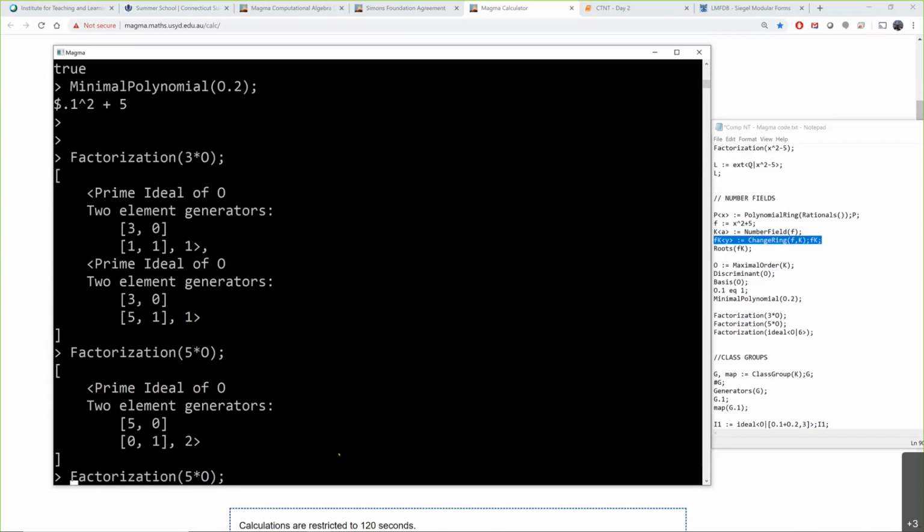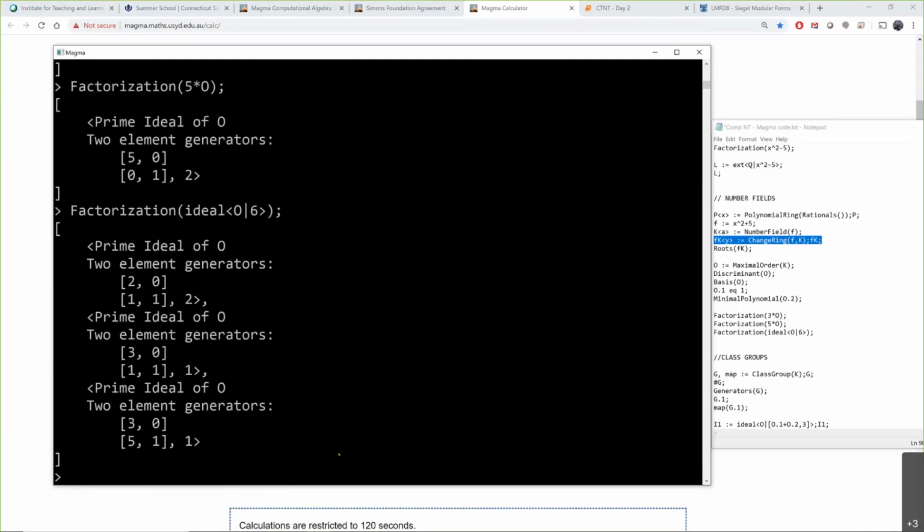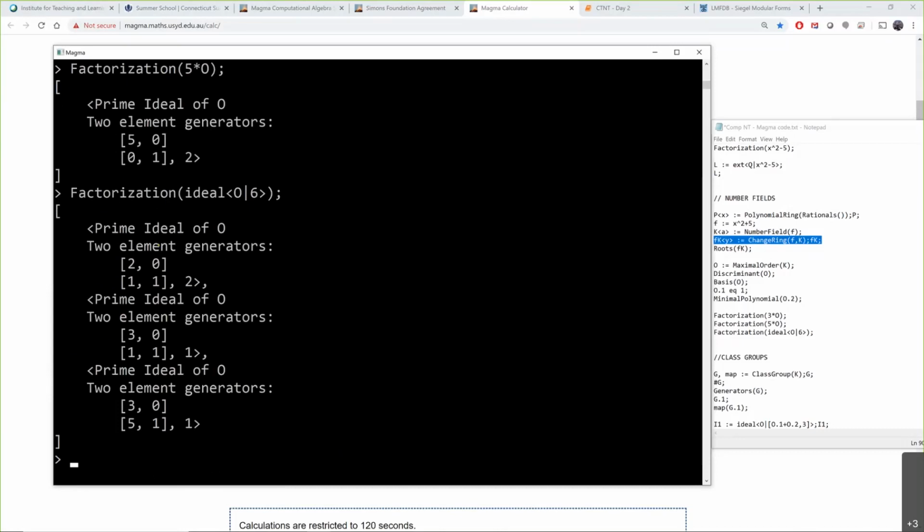Let's do one more. By the way, another way of writing those ideals is the ideal generated in O by 6. So that's a principal ideal generated by 6, and that one factors like that.